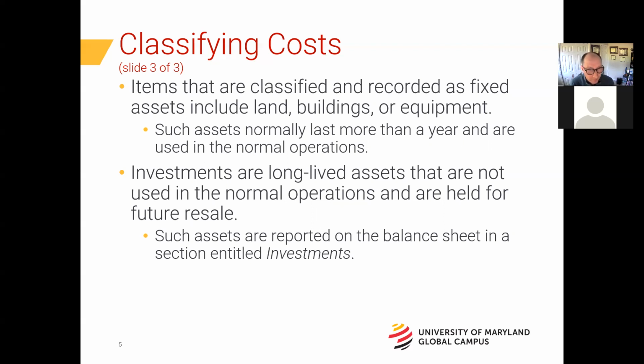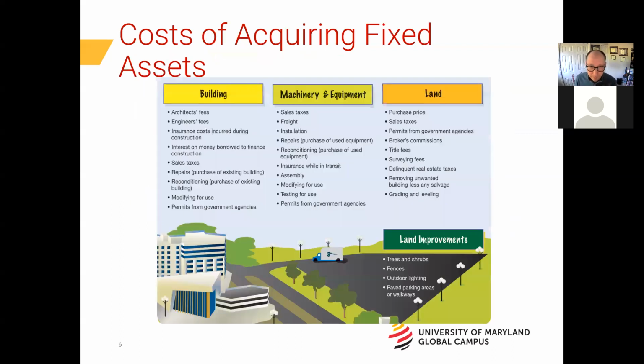Moreover, as we're classifying these assets and looking at their makeup, a fixed asset will last longer than 1 year and it'll be in normal day-to-day operations. Otherwise, it's an investment that is on the books held for future sale, if it's not day-to-day operations.